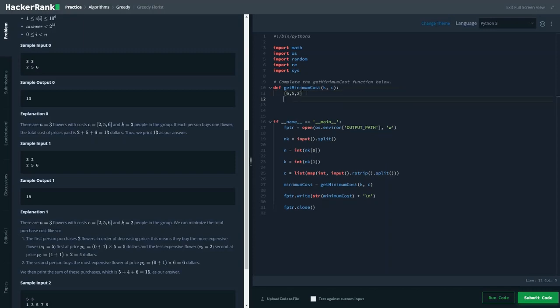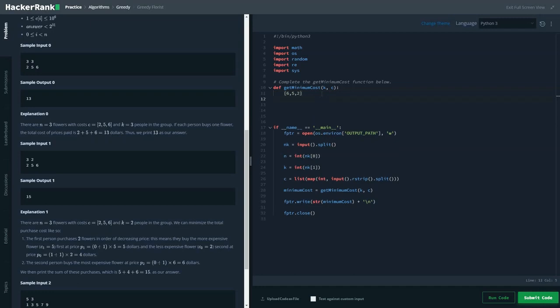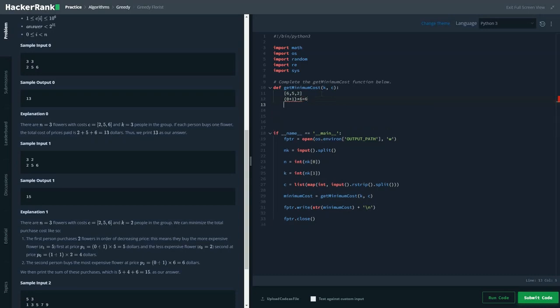The first customer would purchase the flower at the original price, which is 0 plus 1 multiplied by 6, equal to 6.